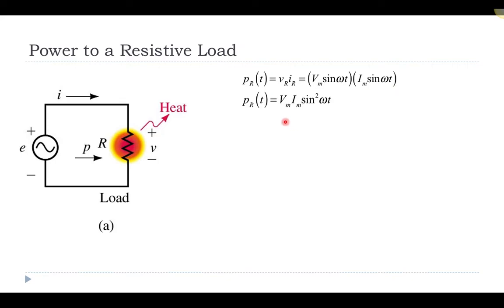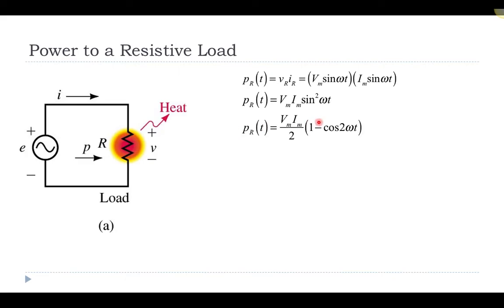I could write this as combining those two sine terms and writing it as sine squared, and then I would pull out the amplitudes of the voltage of the source and the current that is produced from being connected to that resistor. Now, I'm always interested not in the instantaneous power, but the power over one cycle, so I'd like to calculate the average of this over one cycle.